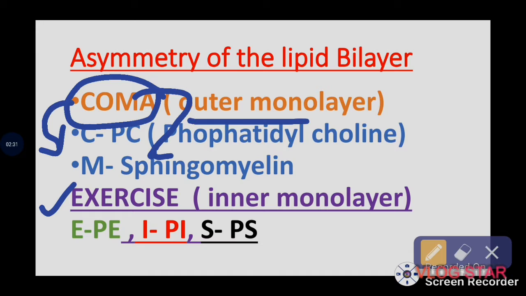It is a very important trick which will help you to memorize which phospholipid is present in the inner leaflet. So E for phosphatidyl ethanolamine, PE, and I for phosphatidyl inositol, and S, that means phosphatidyl serine.